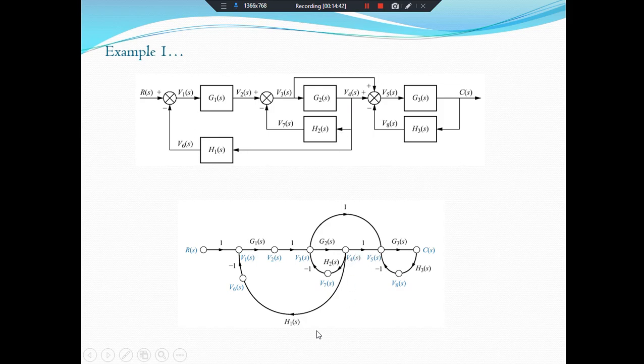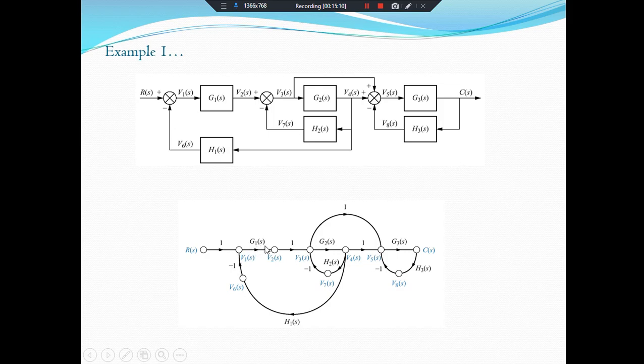Here comes V4 and V1, and these are connected through the signal V6. The gain between V4 and V6 is H1 of S, and the gain between V6 and V1 is -1. So we draw the same branch, and we represented all the directions of the signal flow.